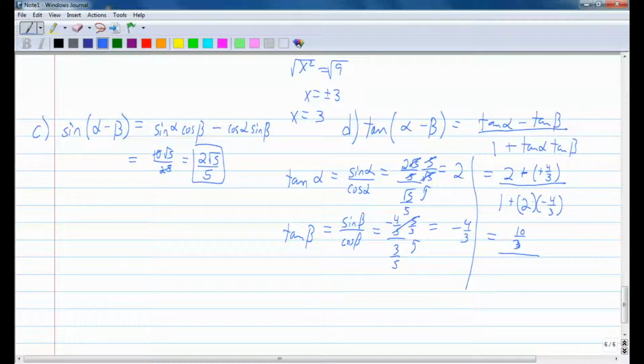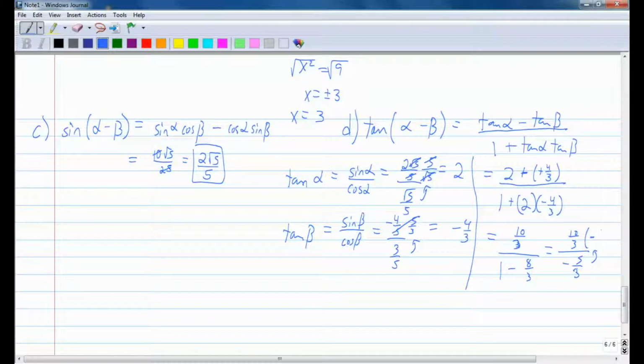Alright, that's going to be a negative right there. So that's 1 minus 8/3. So I have 10/3 over, if I change 1 into thirds, it would be 3 over 3. So 3 over 3 minus 8 over 3 is negative 5 over 3. Flip and multiply.